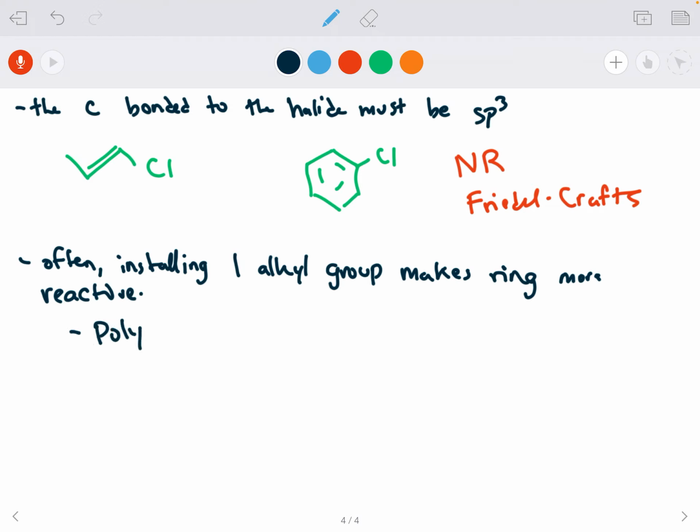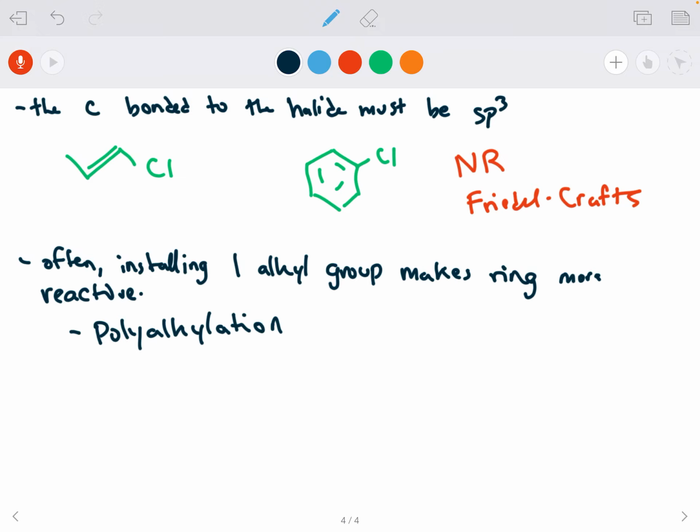So this means I'll have polyalkylation. To only install one group onto the ring, I have to be very careful with the amount of reactant I have, because if the ring becomes more reactive once I install a group, it'll pretty easily add another alkyl group onto the ring, so I have to be careful about that.